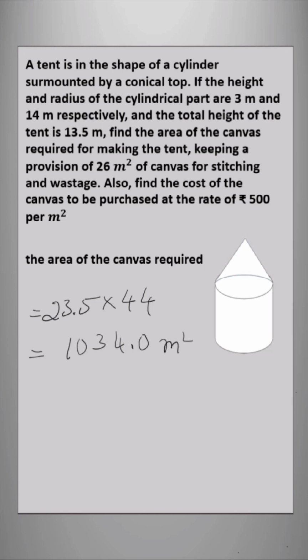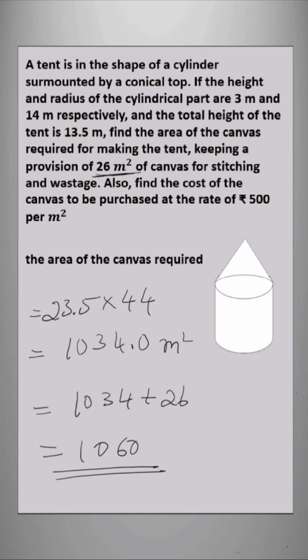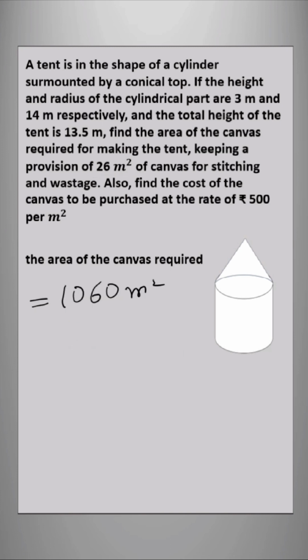We know that the wastage and stitch allowance is 26 meter square. So total area of the canvas required is 1034 plus 26, which is equal to 1060 meter square. Now we have to find the cost of the canvas to be purchased at the rate of rupees 500 per meter square.